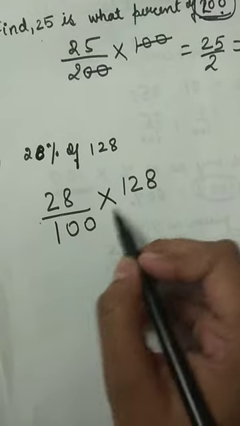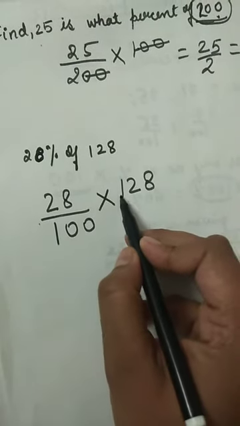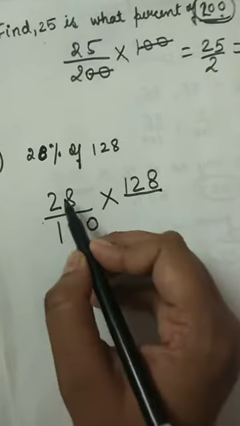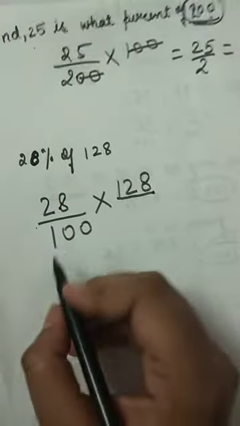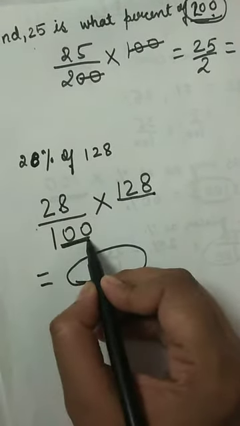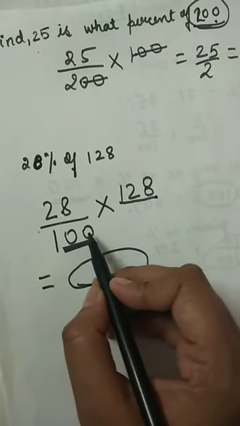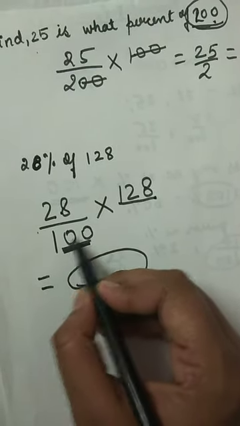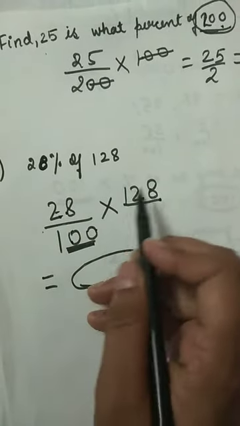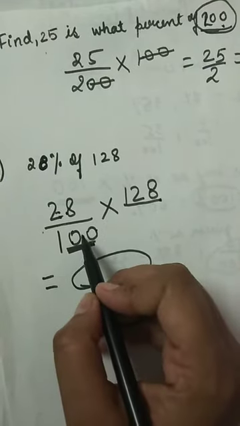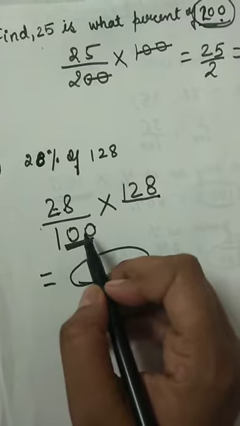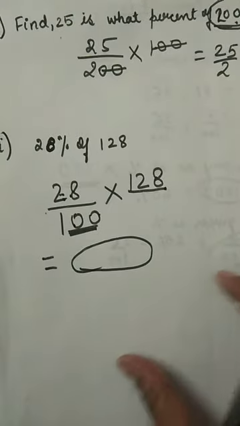You can cancel, or you can multiply 128 with 28, and whatever answer you get, you have to change that answer into decimal, because 2 zeros are given in the denominator. So whatever answer you get after multiplying, you have to put the decimal after 2 digits.